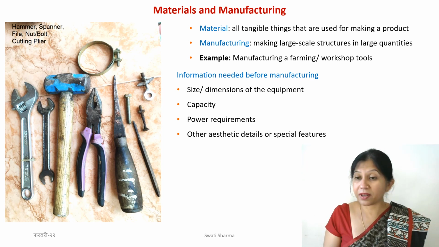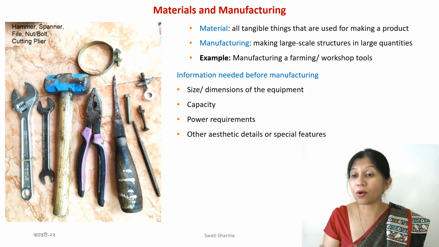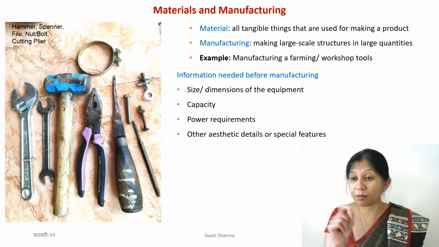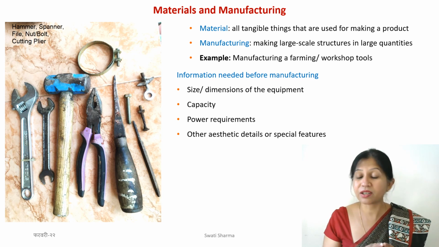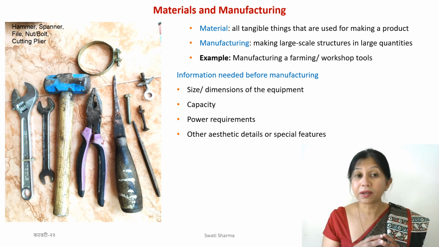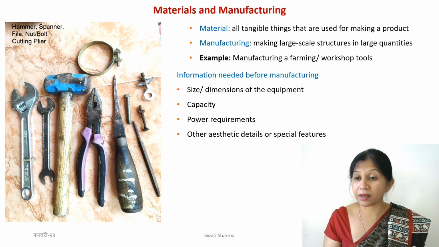Those kinds of things also come under design, under aesthetics. So all of these things, sometimes also finishing, polishing, coating. If you paint something, for example, this hammer, you can see it has some blue color on it. When you paint a hammer blue, it's not just for making it look better, but also to protect it from rusting. So all of these kinds of details you will also need before manufacturing.